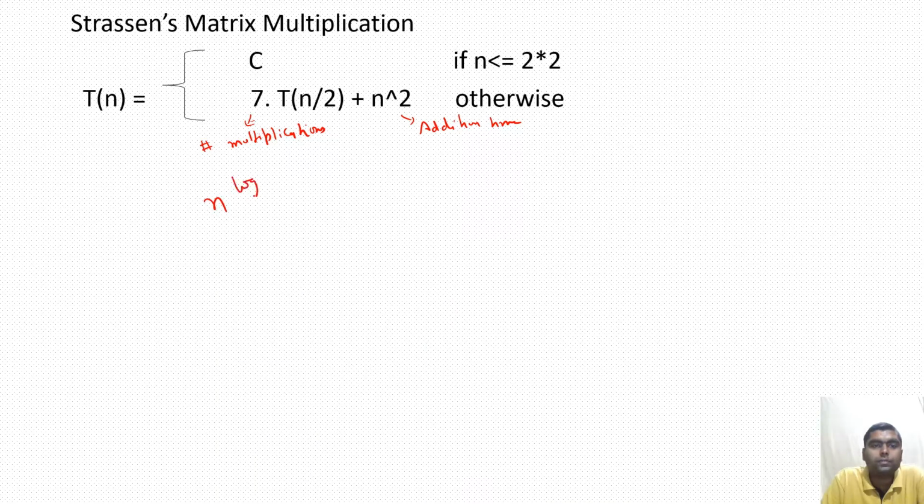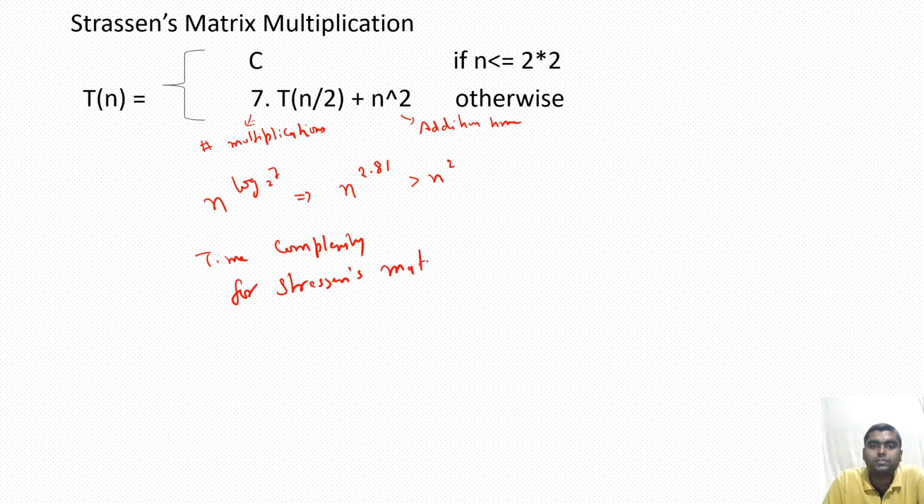So n raised to the power log 7 base 2. If you calculate log 7 on the base 2, this gives n raised to the power 2.81, which is greater than n². So the time complexity for Strassen's matrix multiplication is going to be order of n raised to the power 2.8.